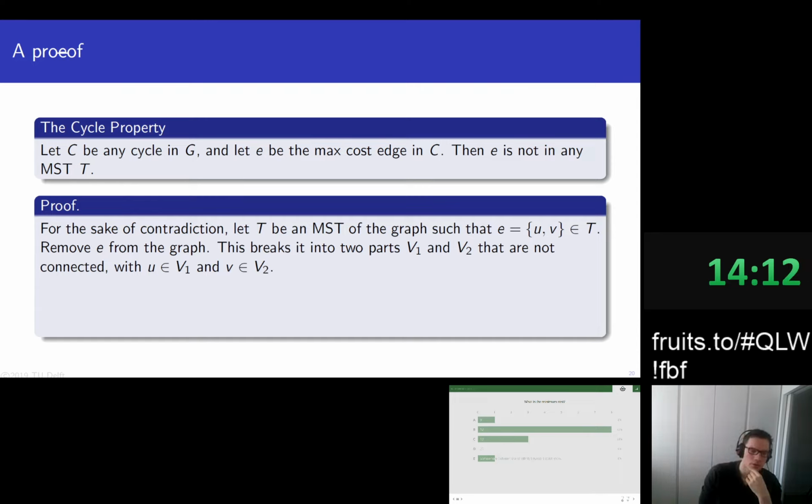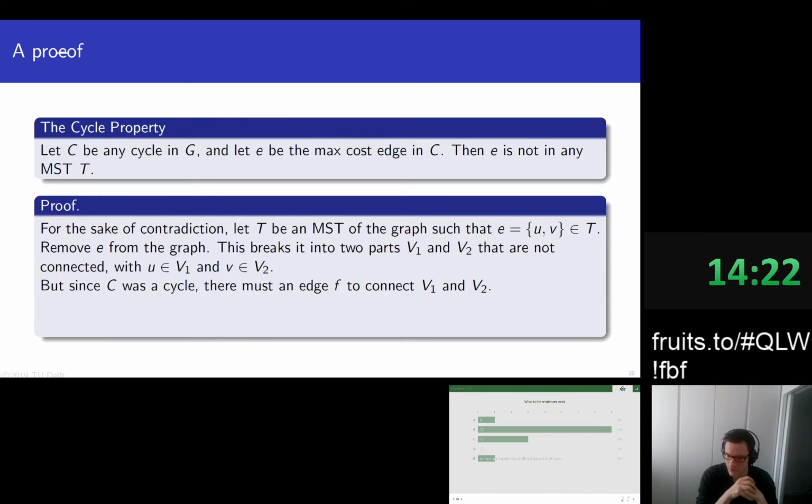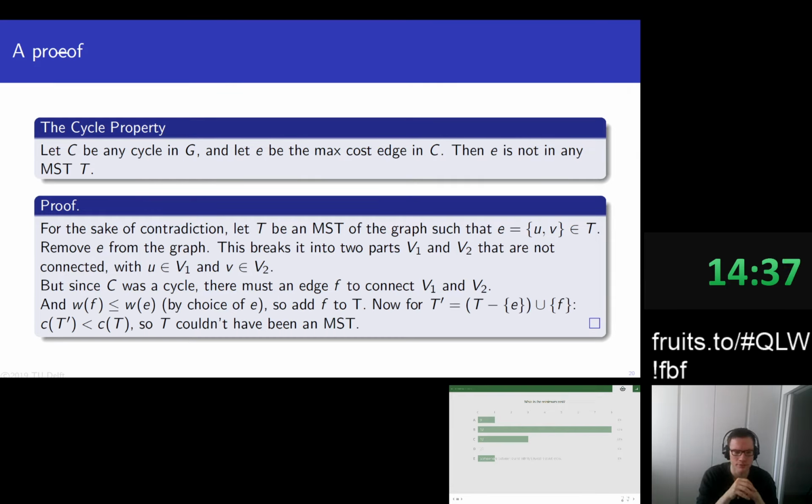Now, what does that mean? Well, if I now need to reconnect V1 and V2, there must be some other edge there that could do the job. After all, E was part of a cycle in the graph, so there must be some other edge that connects V1 and V2. However, the cost of this edge must be smaller, because E was the one with the largest possible weight in the cycle.